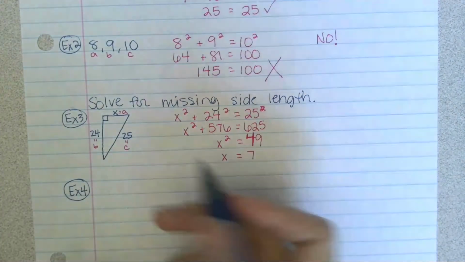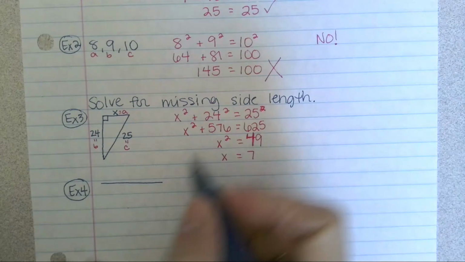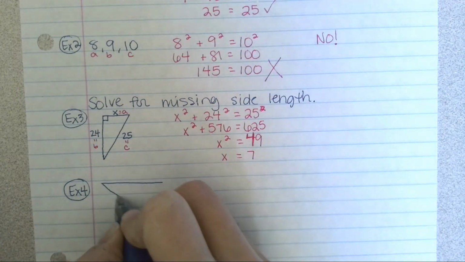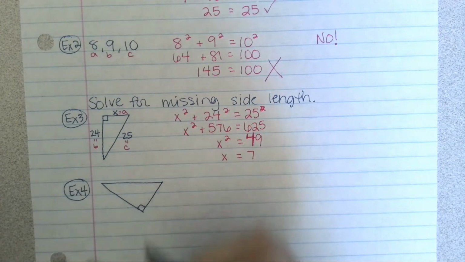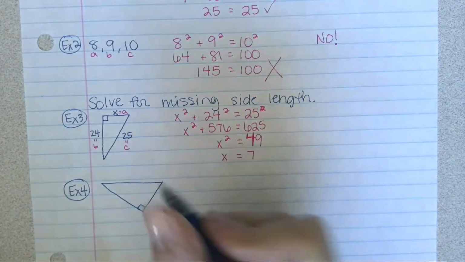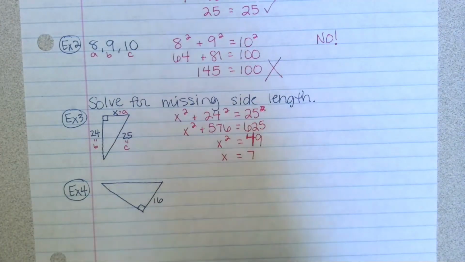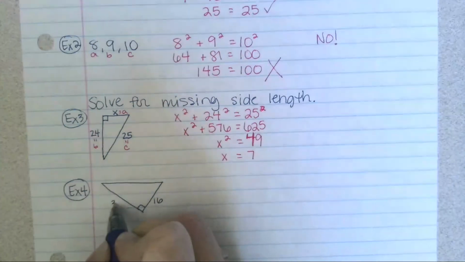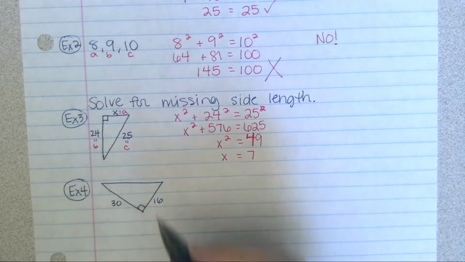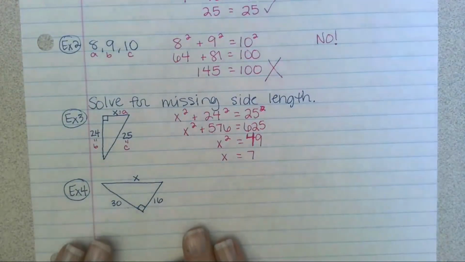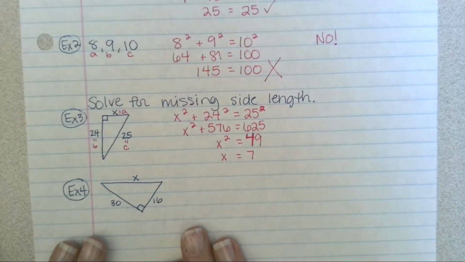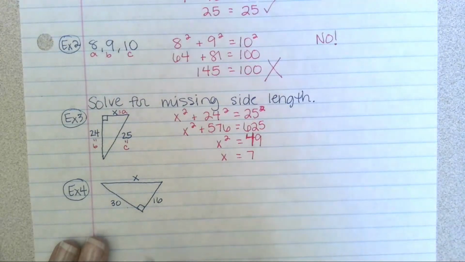Okay, in this right triangle, there is my right angle. Got this side is 16, this side is 30, and we will label this x. If you're having trouble determining which side is the hypotenuse, it is always going to be across from the 90-degree angle.